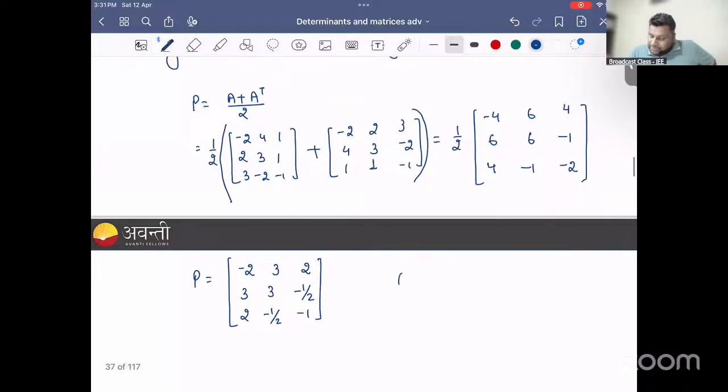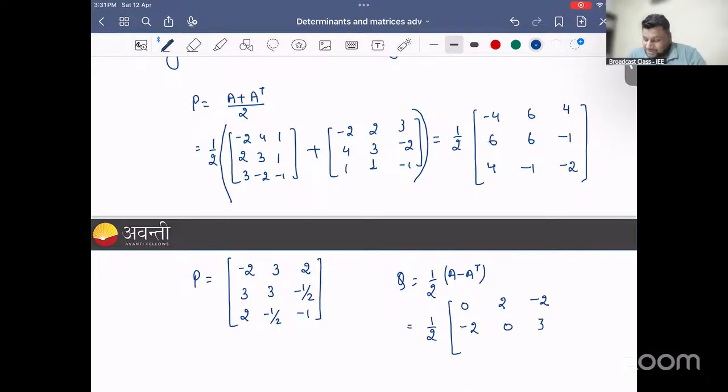Now see, Q I will be doing directly. That is half of A minus A transpose. So that would be half of the matrix 0, 4 minus 2, 2, 1 minus 3 minus 2, 2 minus 4 minus 2, 3 minus 3 0, 1 plus 2 it will become 3, 3 minus 1 2, minus 3 and this will also become 0.